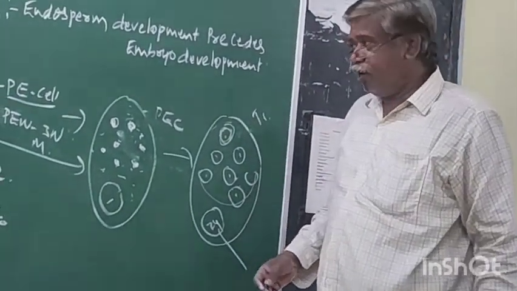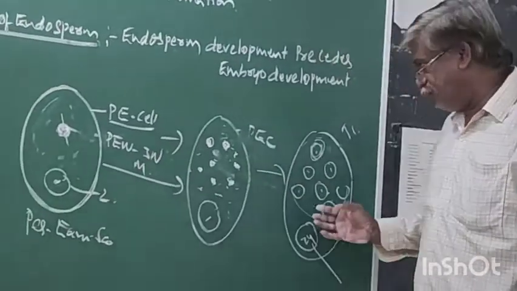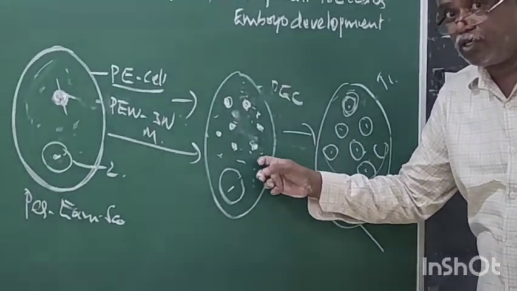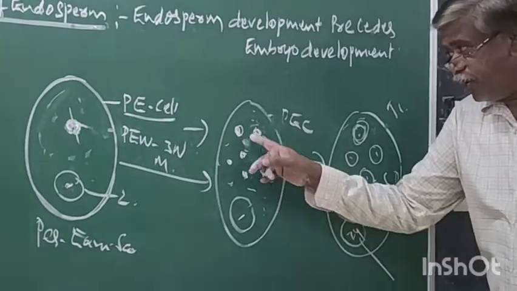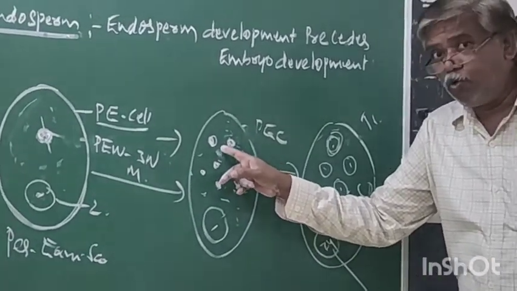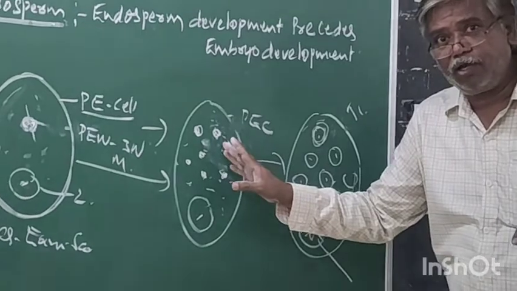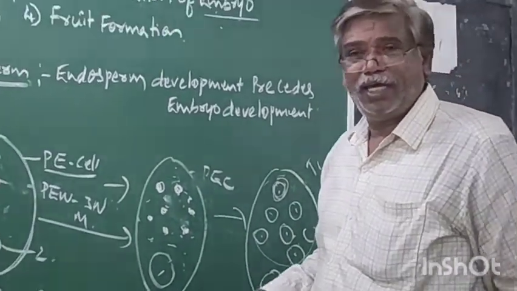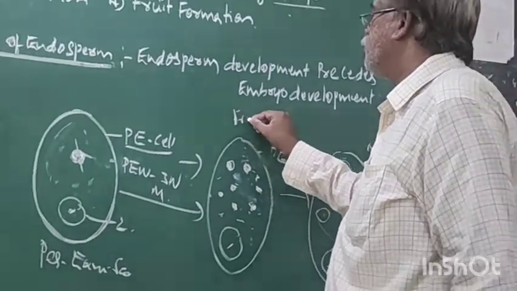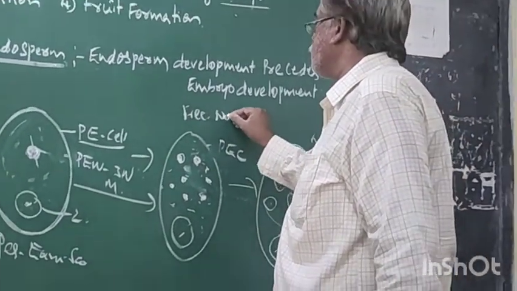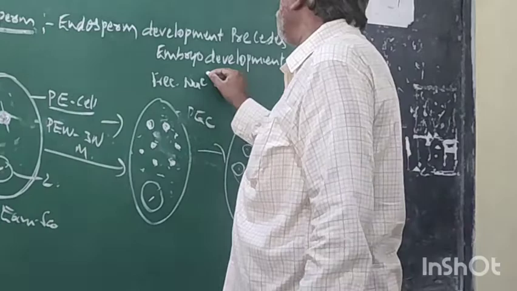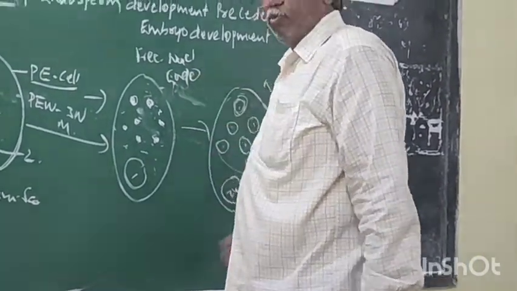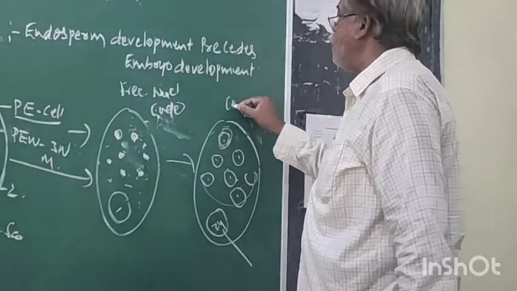Now, it is the initial stage, and that is the final stage. But this is the middle stage. In this middle stage, you can notice it is only nuclear, without any membrane. It is pre-nuclear endosperm. That is cellular endosperm.